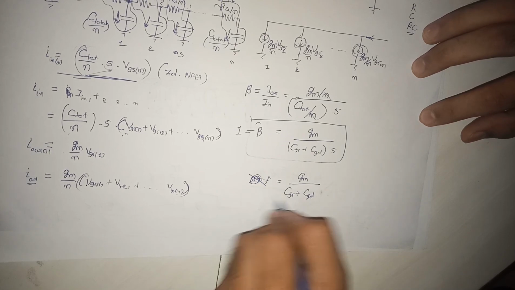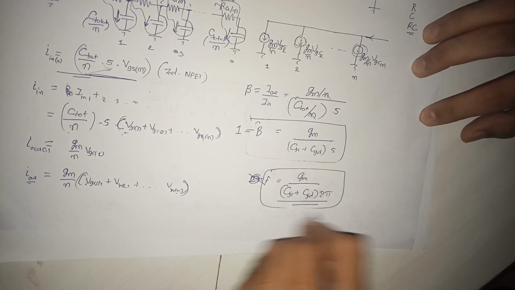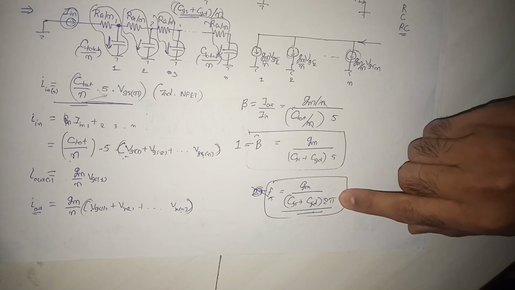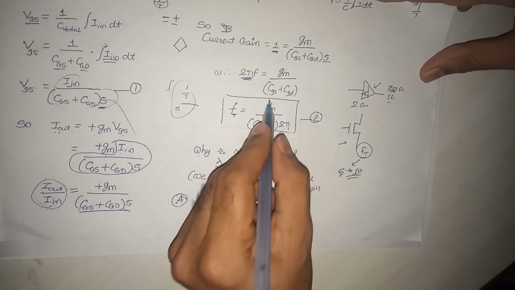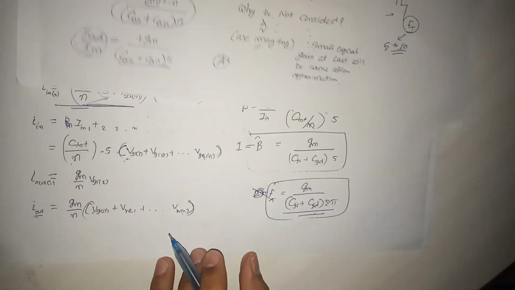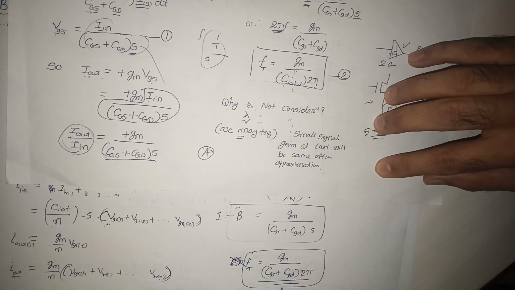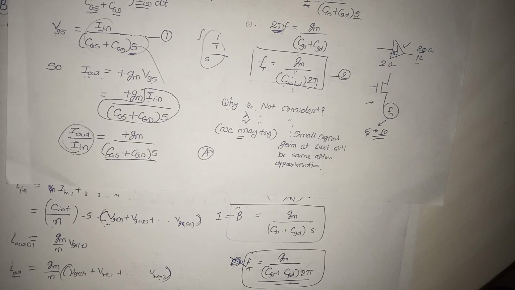So Ft is gm upon (CGS plus CGD) into 2 pi. What was Ft here? gm upon C total into 2 pi. Same. So ultimately we got the same one. We'll see part C after this. Thanks.